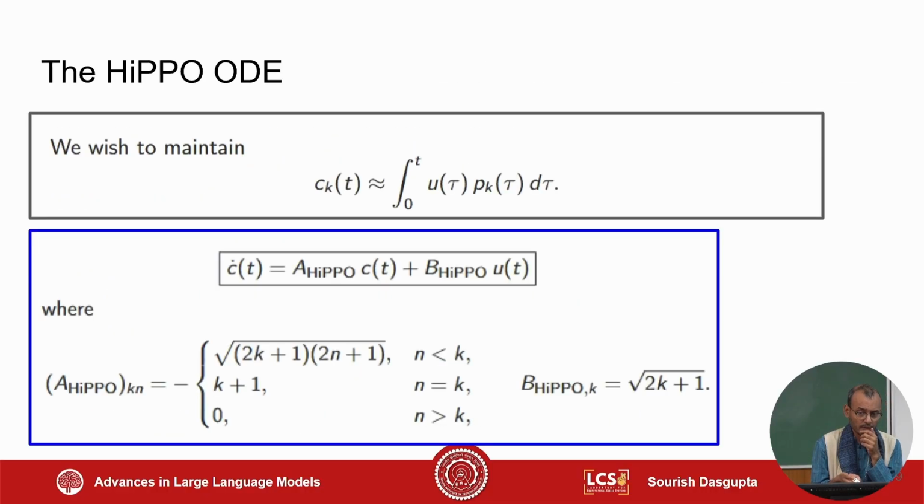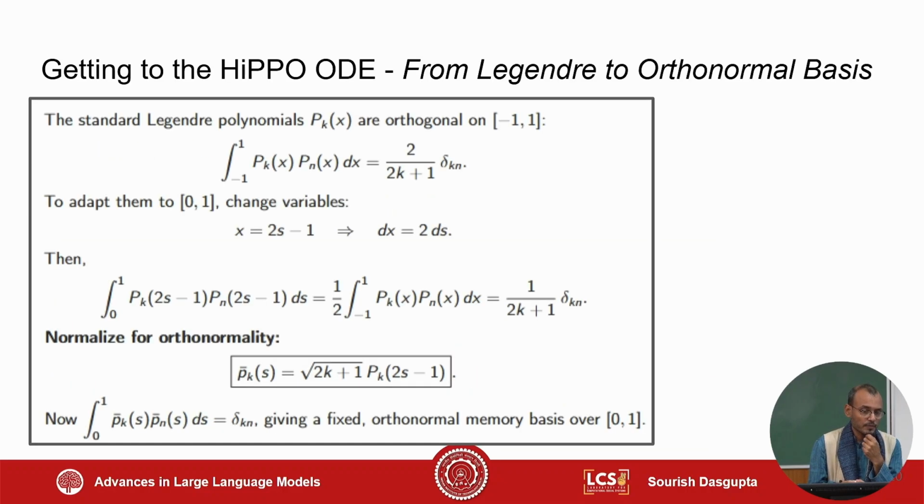So how to get to that? I'm not going to go into the details. You can look at the steps, how to derive this. How do we even get this square root of 2k plus 1 and 2n plus 1 and so on? So you basically think of the principal waves as Legendre polynomials, and that was how they came up with this.